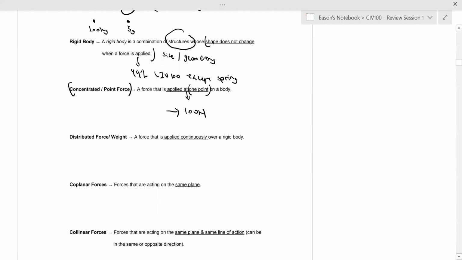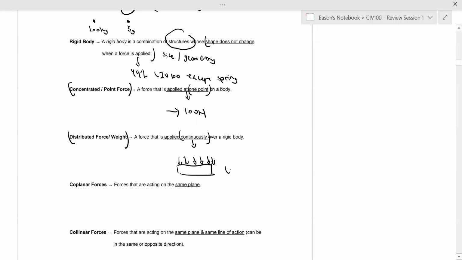if there's a concentrated force, then another way for you to apply force is a distributed force or distributed weight, which we will see later in the course. What it means is that the force, instead of being applied at a single point on the body, is being applied continuously. It will look something like this: if this is my beam, then I have a force that is being applied continuously over my body.